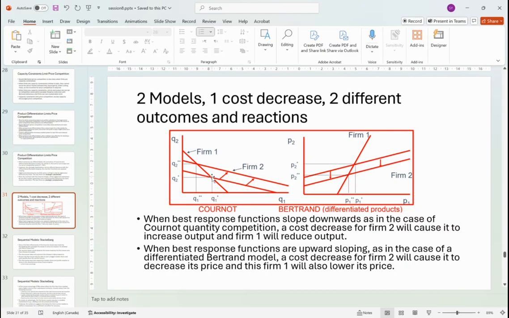If we assume this is the equilibrium, when one firm, let's say firm 2, increases the quantity produced, for example, increases its production capacity, the best response function of firm 2 shifts upward, right? And when this happens, this is going to be the new equilibrium, and under the new equilibrium, firm 2 is going to produce more, but firm 1 has to drop its production, right?